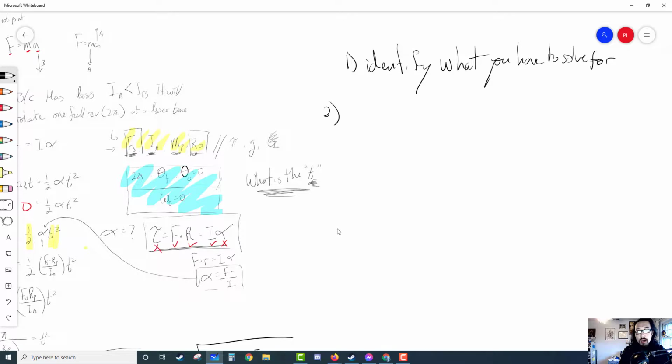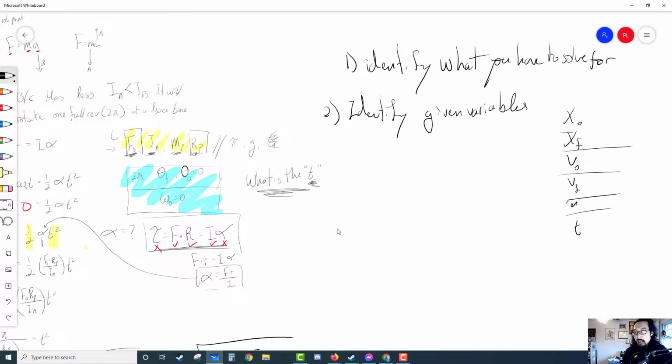And 2, identify the given variables. This is important because if you remember back when we did the kinematics unit, we created a chart and filled it in: x_0, x_f, v_0, v_f, a, t. These were all the given variables and you had to put in the numbers. It's kind of like that here, where the problem gives you what to use, they're giving you their chart.